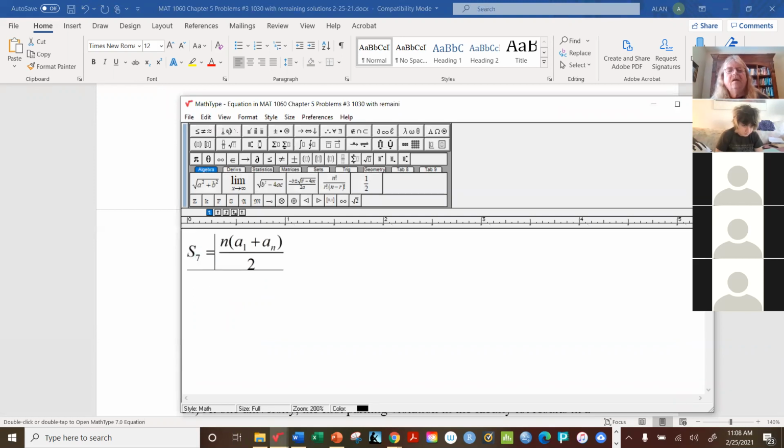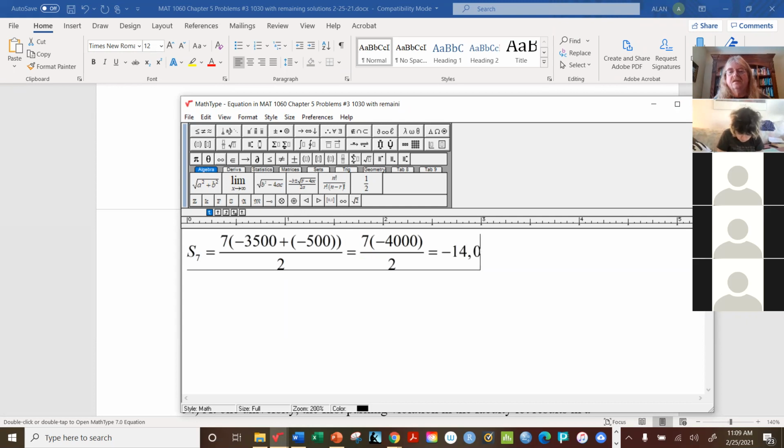S7. Now, n, remember, we're looking for the 7th year. We start at negative 3,500. And the last year is negative 500, as we've already determined. So you're adding a negative number here, basically. And so what you've got in your numerator is 7 times negative 4,000 all over 2 equals minus 14,000.